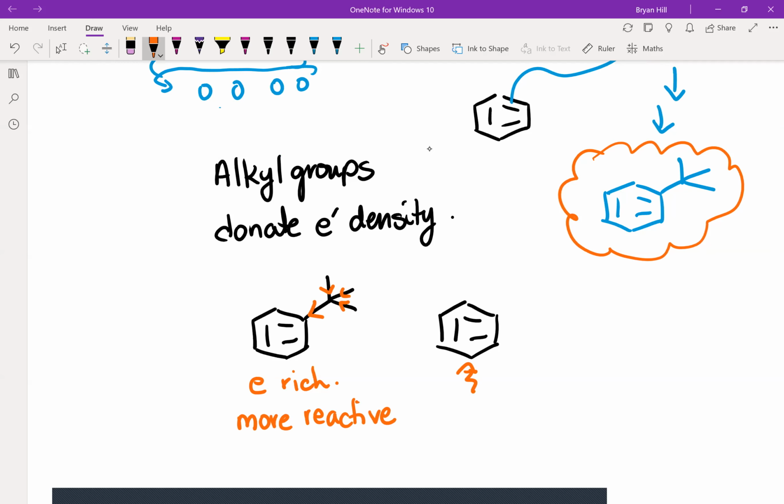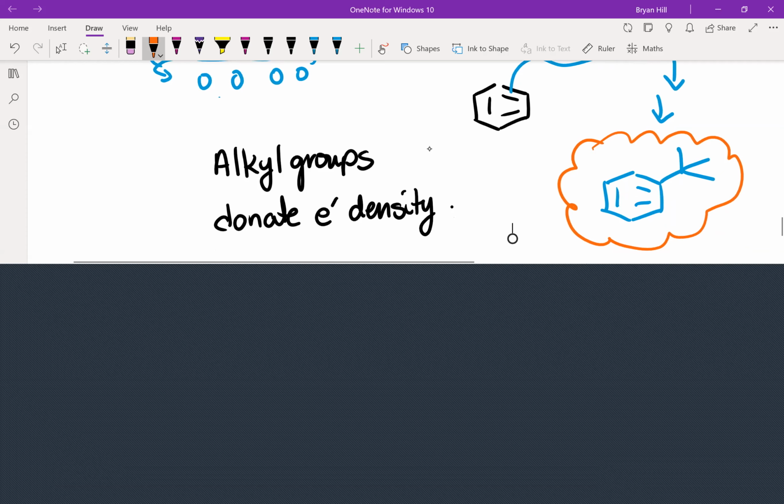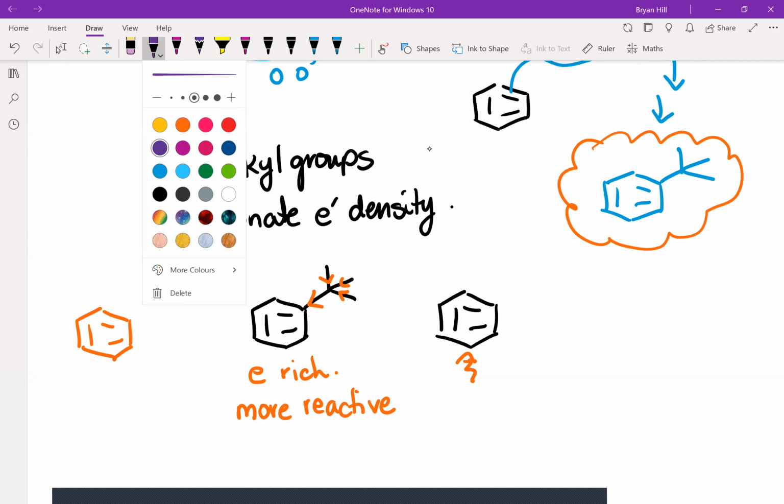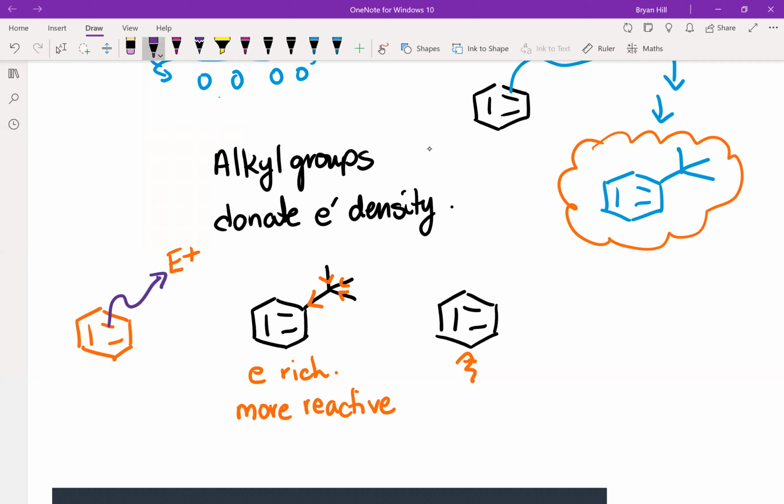Remember, in all of these reactions, it's your aromatic ring attacking your electrophile, which means that the more electron density you have, the better nucleophile it will be.